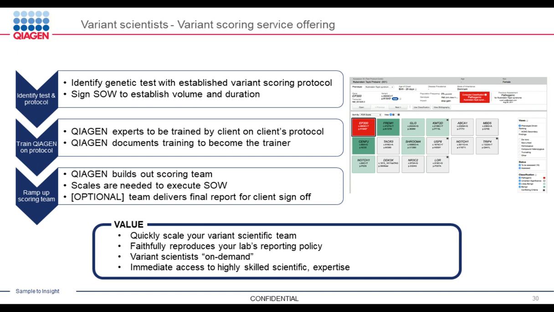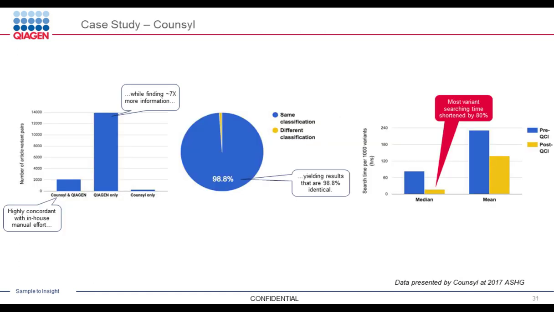So next I want to talk about a case study that has benefited from access to not just the knowledge base, but the pre-curation of their variants.